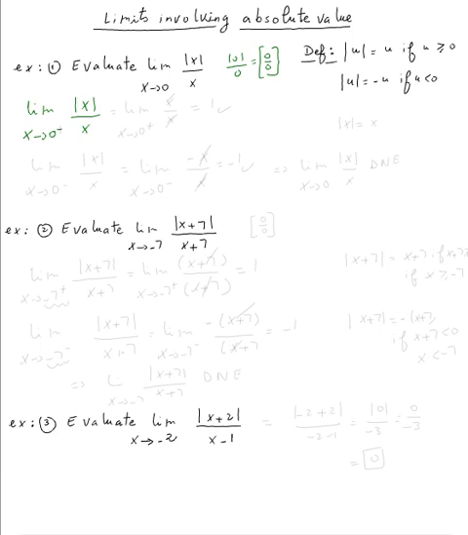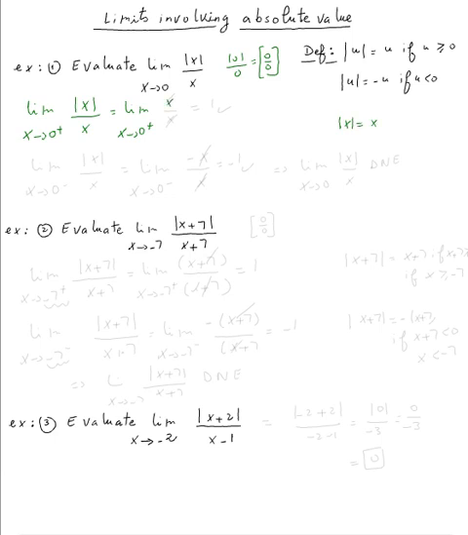So if we approach this from the right side, then the absolute value will be what? Now remember, we're approaching 0 from the right side, which means we're taking x to be bigger than 0. If x is bigger than 0, we know the absolute value of x is going to be just x.